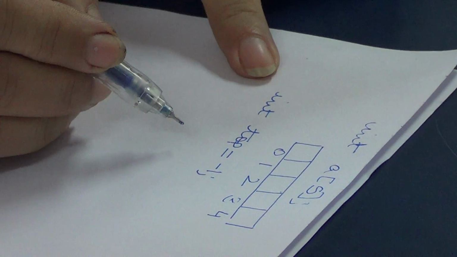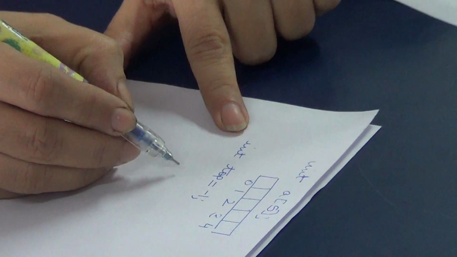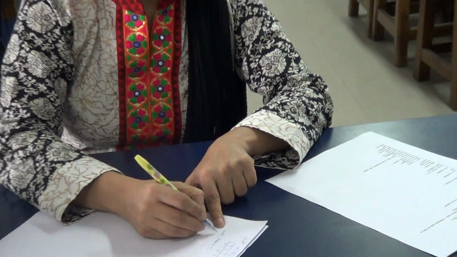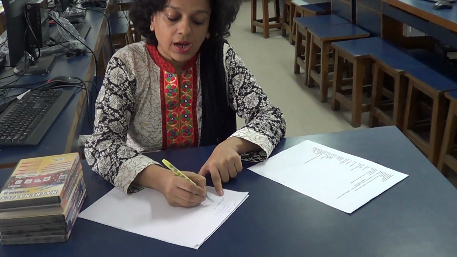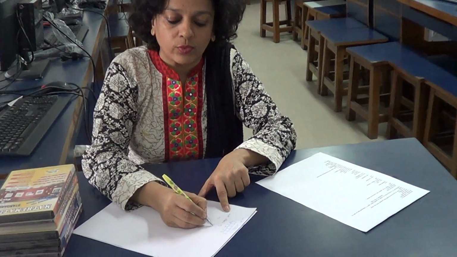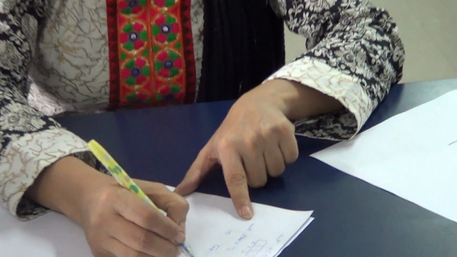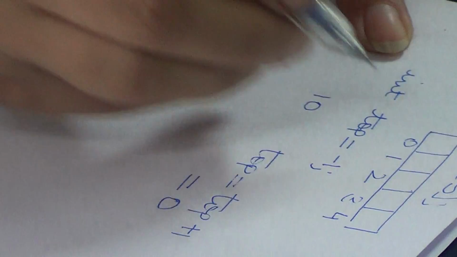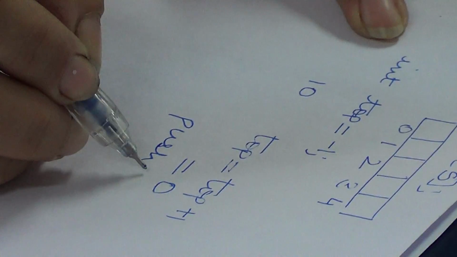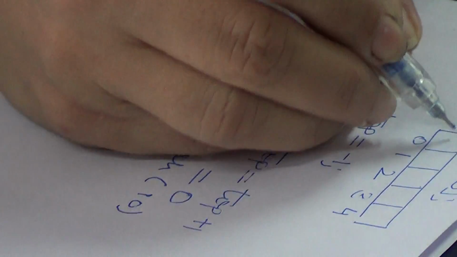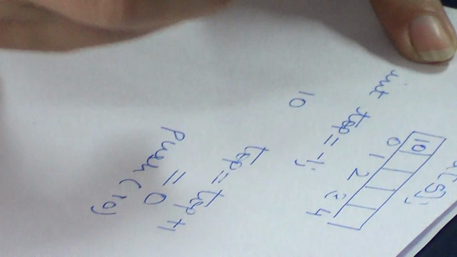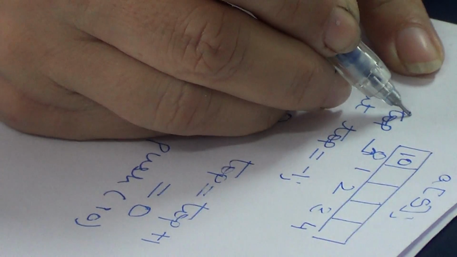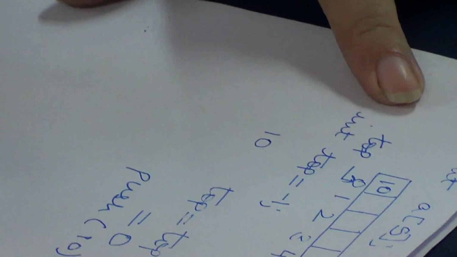Now when I try to push an element into the stack, I will increment top. So when I try to push 10 in the stack, I will increase the value of top by 1 and top will become 0, and I will push 10 into the stack. So 10 will be pushed in the stack and my top will contain the index number 0, which is the top of the stack.